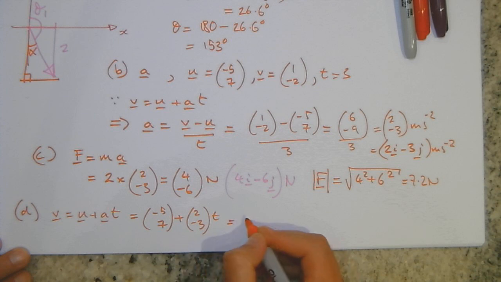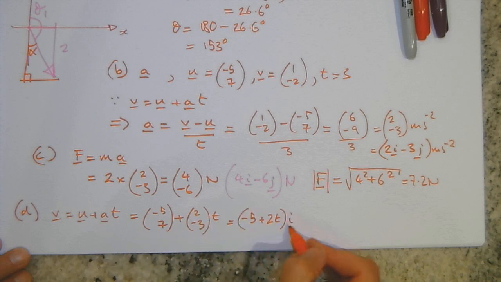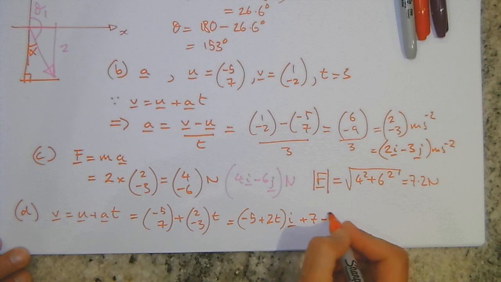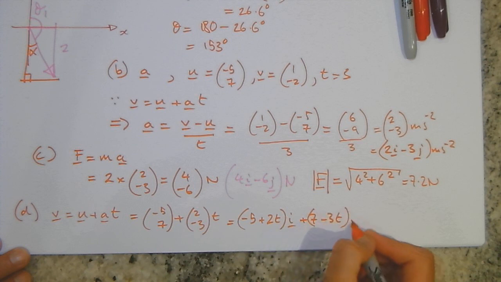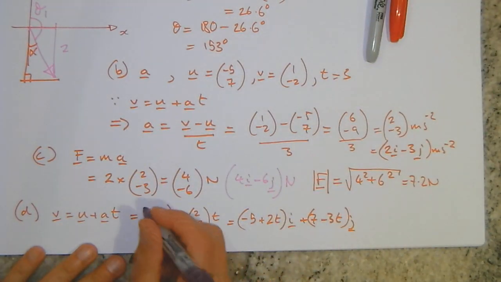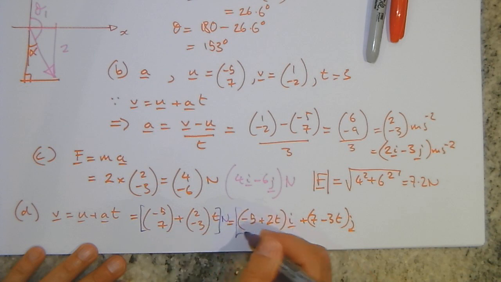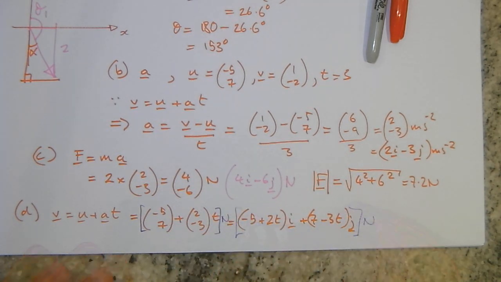I could write it as minus 5 and 2t, they're the two i components, 2 bits of the i component. 7 take 3t j, but I'd be annoyed in both cases if we didn't put units on it. Either answer good. When is it travelling parallel to i plus j?